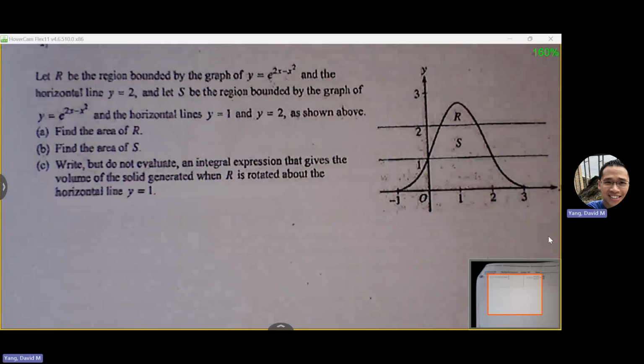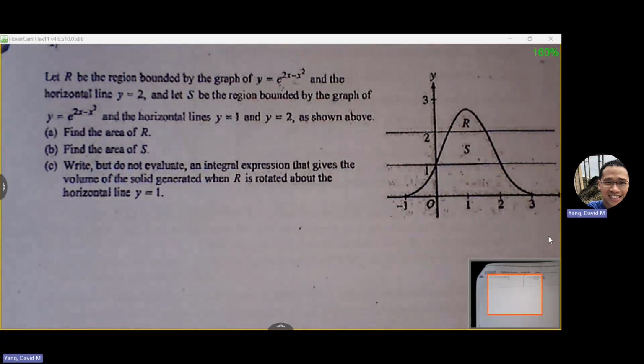So we're gonna have to put this in our calculator and find those intersections. So it says let R be the region bounded by the graph y equals e to the 2x minus x squared. That's gonna be this curve here.